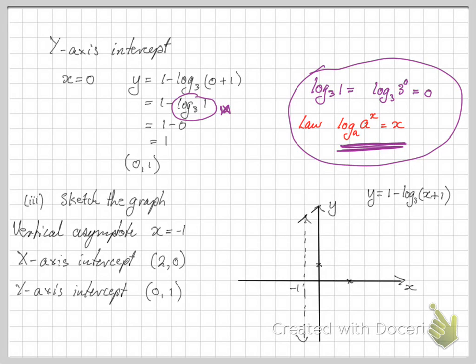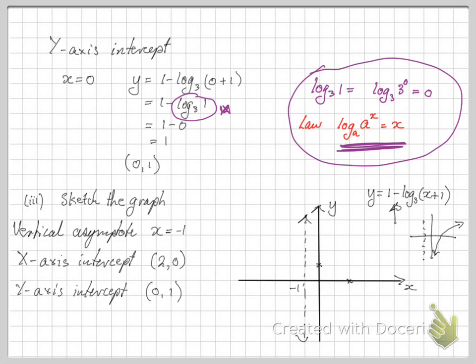Now let's look at the translations in this. y equals 1 minus log of x plus 1. Our normal log curve would look like that. We know though we've got a horizontal translation 1 unit to the left, so that moved our vertical asymptote over there. Then we've got this minus up here, so that's going to reflect this in the x-axis.